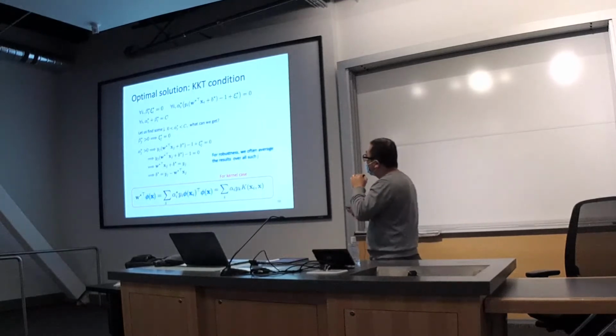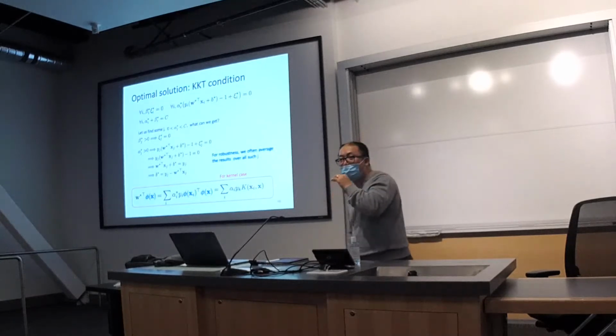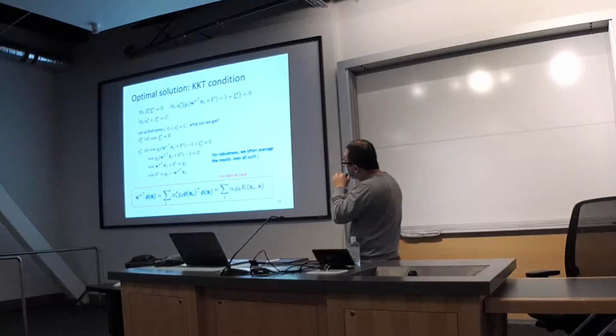Those results tell us that to recover b, we can find some example j whose corresponding optimal alpha_j is strictly between 0 and C. Following these conclusions, we can get that the functional margin of example j will be exactly 1.